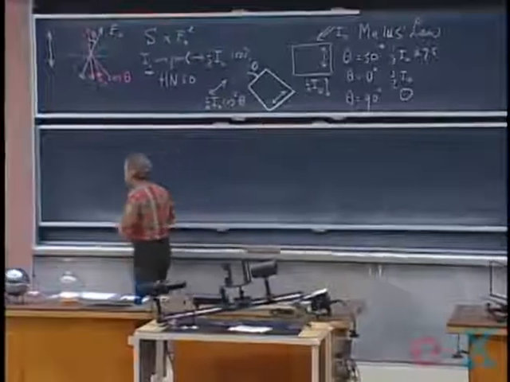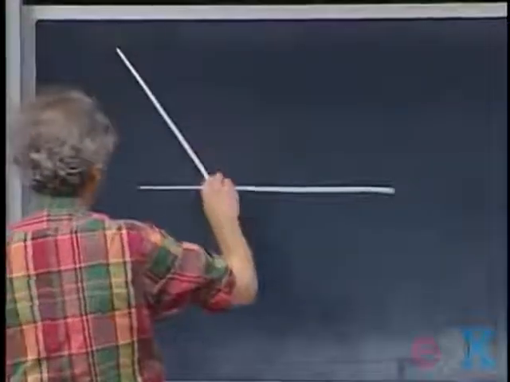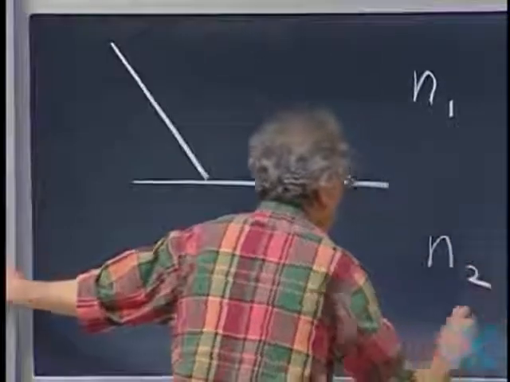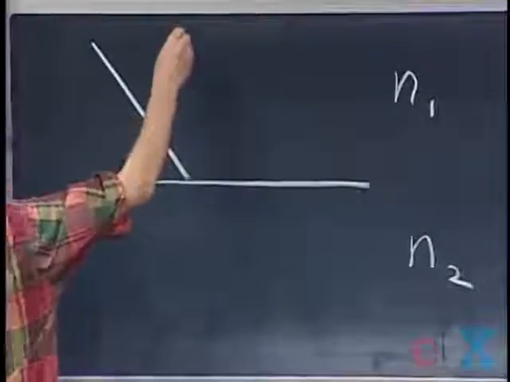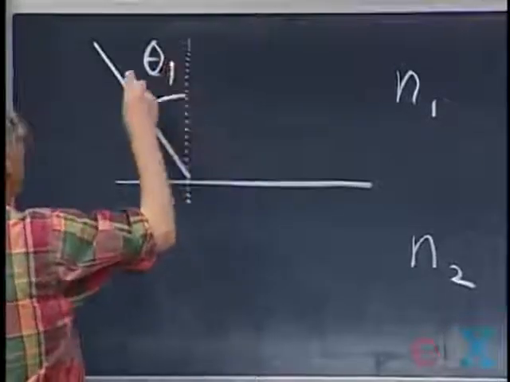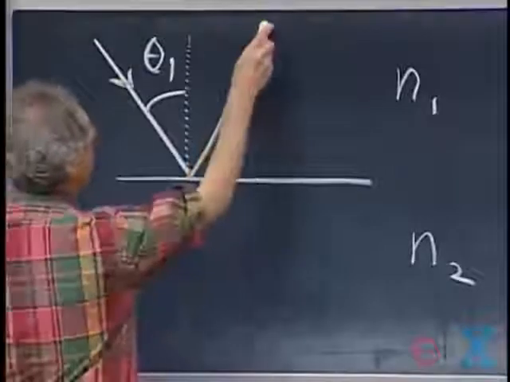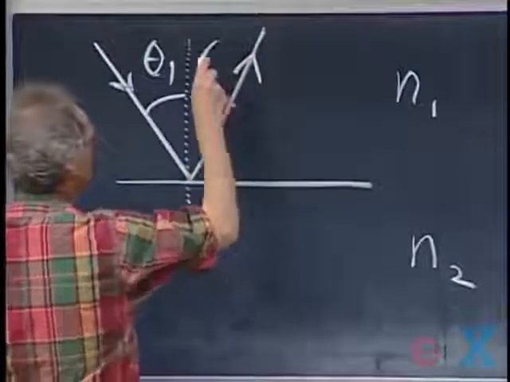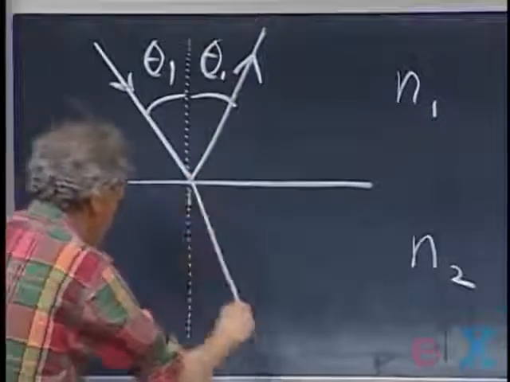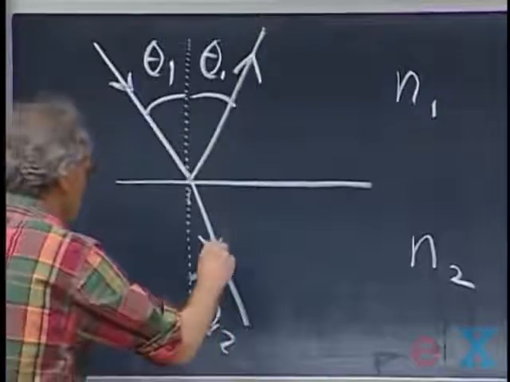Suppose I have unpolarized light coming in here, medium 1 index of refraction n1, medium 2 index of refraction n2. It's coming in at an incident angle of theta 1. It's unpolarized. Some of it is reflected, and this angle is also theta 1 as we discussed earlier, and some of it is refracted into this medium, and this angle we'll call theta 2.